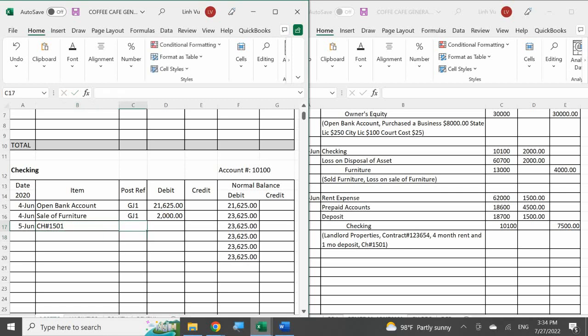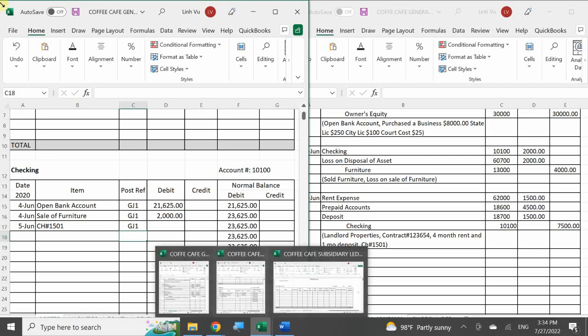If I also verify that this transaction occurred on the first page of my journal, I can backtrack it that way. And right here will tell me exactly I paid 4 months worth of rent and 1 month of deposit. And here, obviously, I'm in the month of June, so that automatically tells me that I paid $1,500 for the month of June, and 3 months in advance, and the rent deposit.